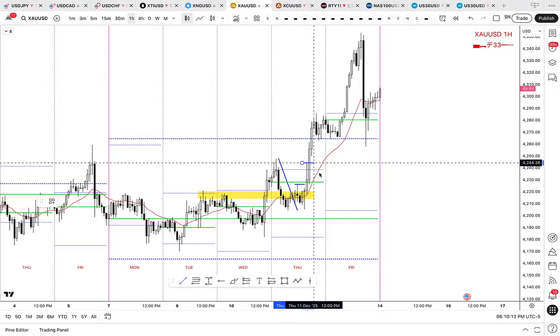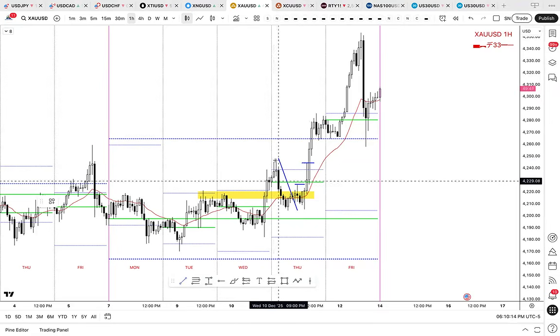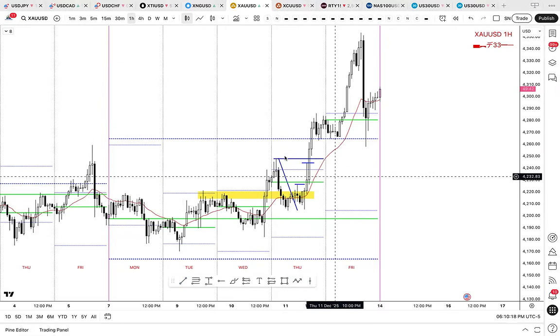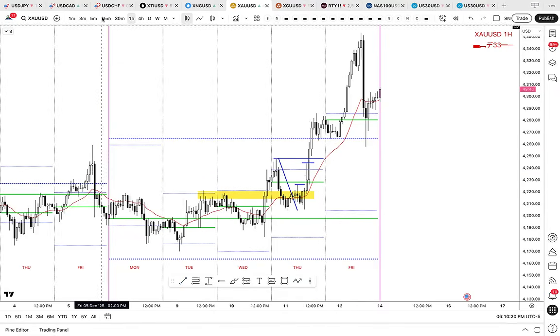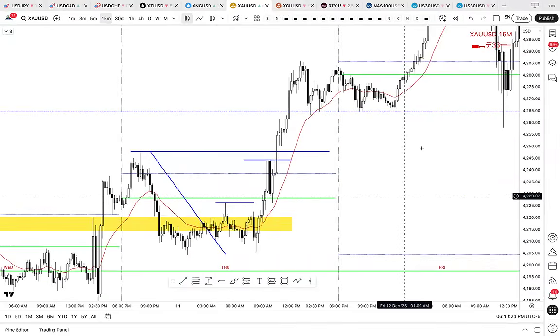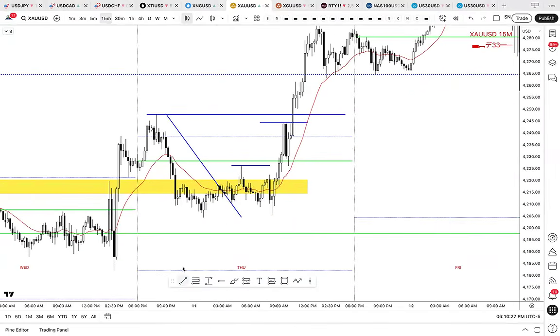But if you're in a trade, that will give you confidence to stay in the direction of that trade because the trend has changed. The behavior has changed. Let's drop down. Once again, we can trade the edge.